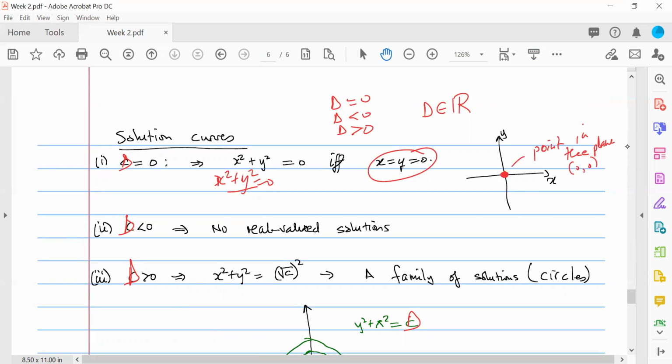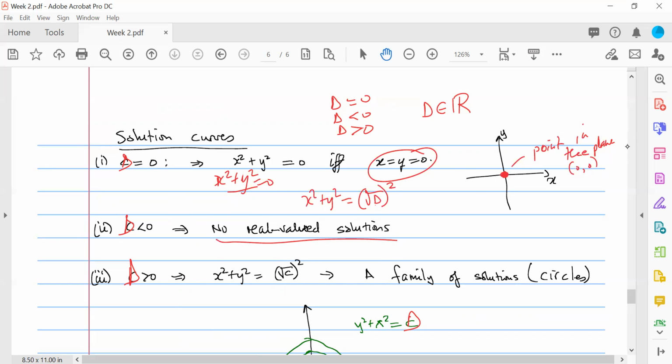Now let's look at when d is less than 0. So we have x squared plus y squared equals d. Now if d is less than 0, then we don't have real valued solutions.